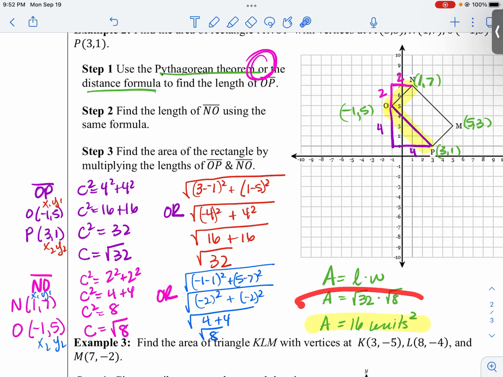Remember, our calculators do this ugly math, so you don't have to simplify this. When you're doing it, you might have gotten on your calculator 2 square root of 2 here, and this is also 2 square root of 2. So it's okay. Then you would just plug that in right here, and it would be fine. This could also be 2 square root of 2 times 2 square root of 2.